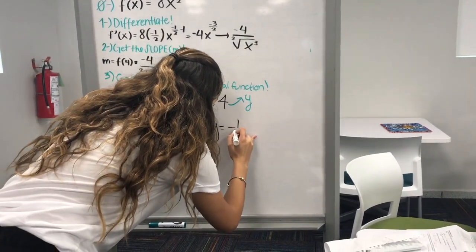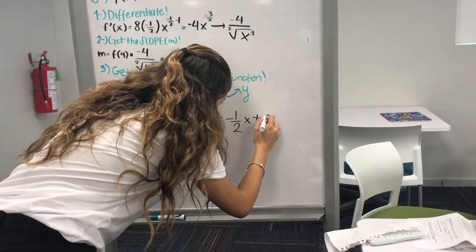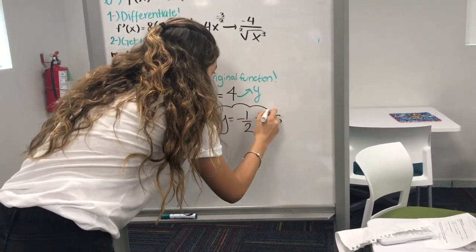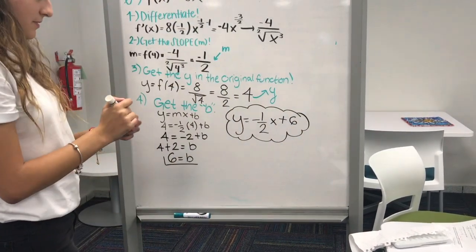And last but not least, we find the equation of tangent line, which gives us y equals negative 1/2 x plus 6.